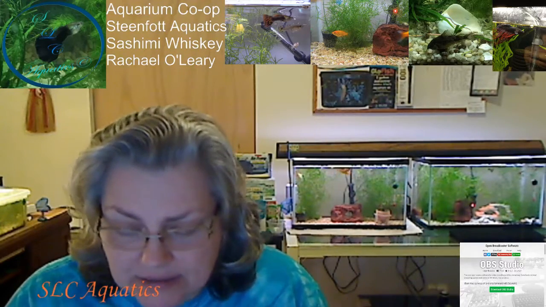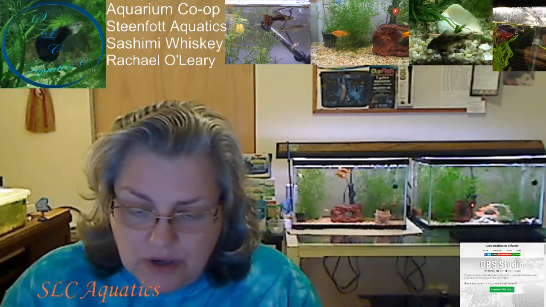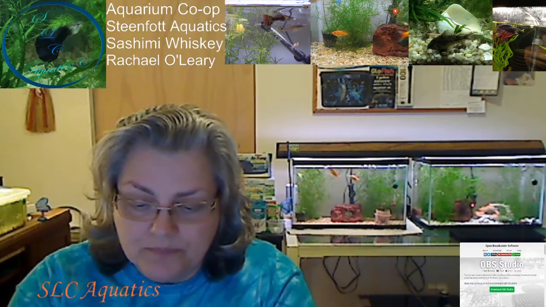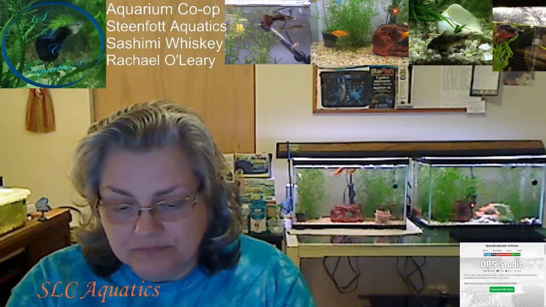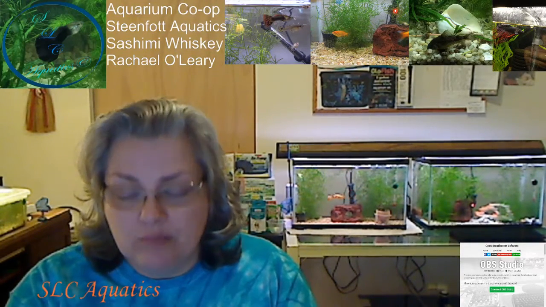Aragonite, if I'm saying that correctly, is a calcium carbonate mineral, a reservoir of calcium carbonate, and it's released slowly into the water to buffer and help stabilize the pH. It will raise the pH as high as 8.2.